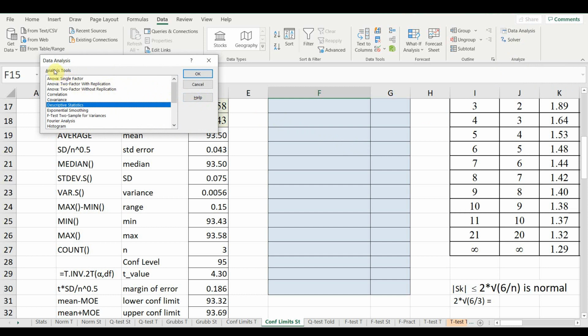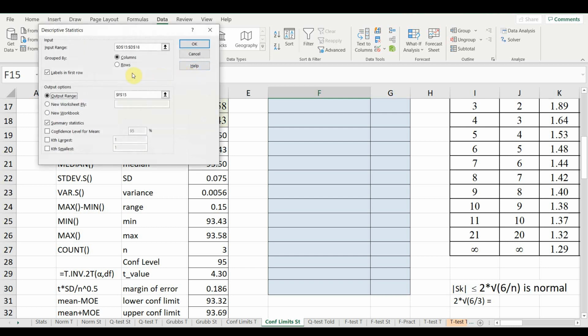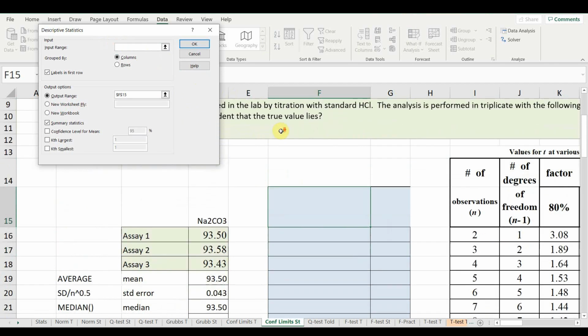So in the Data Analysis dialog box, you want to find Descriptive Statistics, listed alphabetically, and say OK. So you want to input the range of data to be analyzed. Click in the Input Data Range box and scroll over not only the 3 data points, but also include the title. And then make sure you check off Labels in the first row.